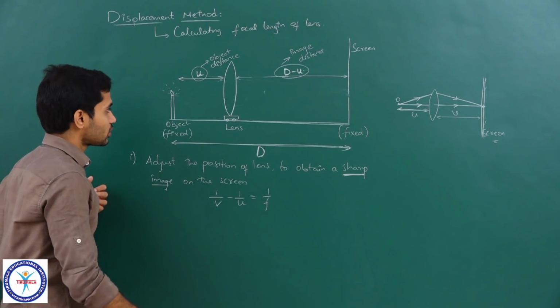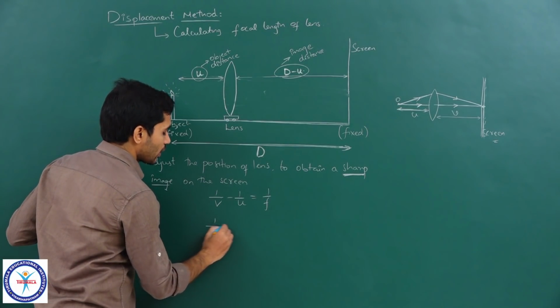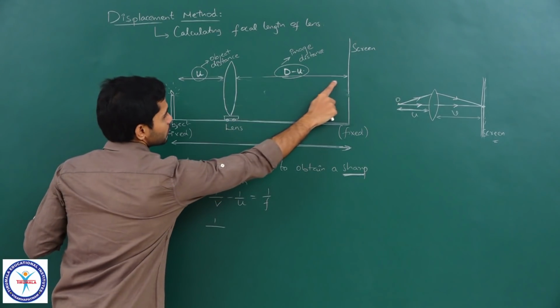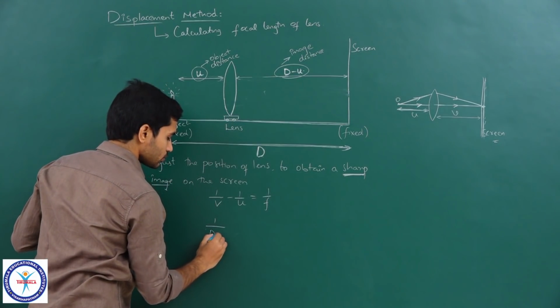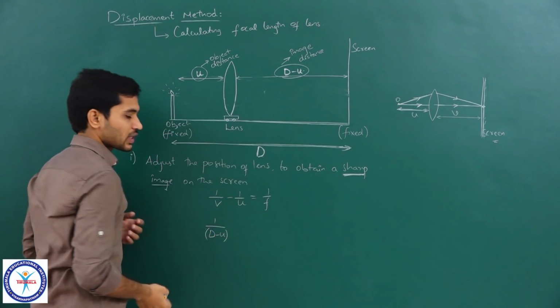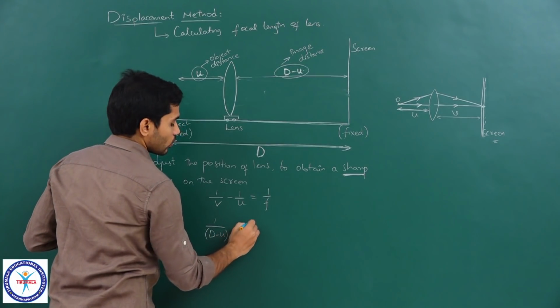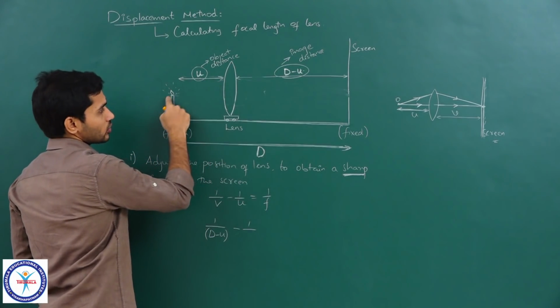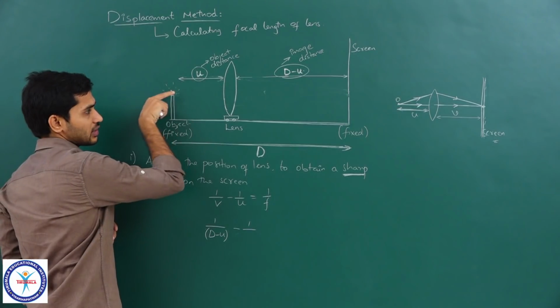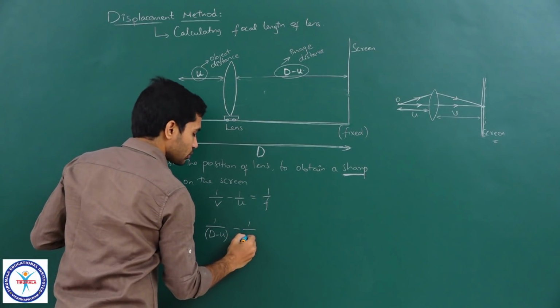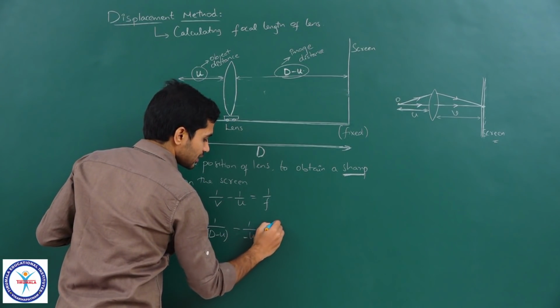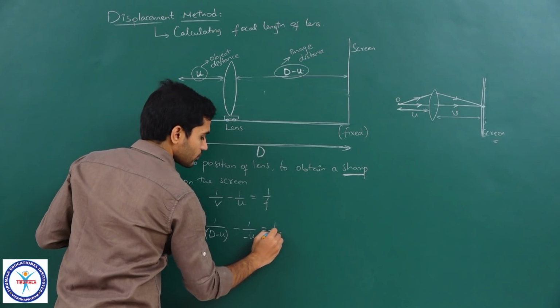So, let us quickly substitute the values. So, I get 1 by v is plus D minus u, correct, minus 1 by u is, because object distance is this, light rays are going this way, should be substituting it as minus u, is equal to 1 by f.